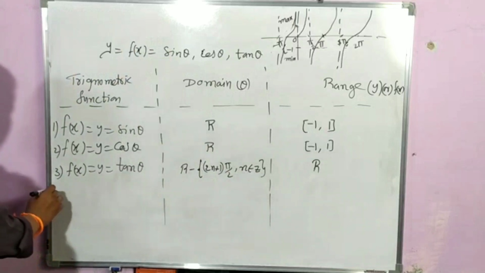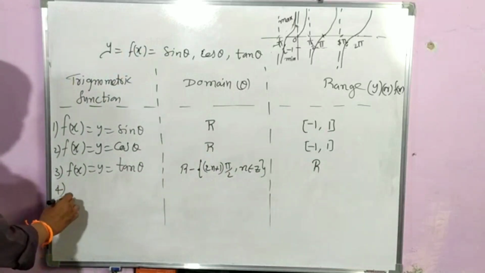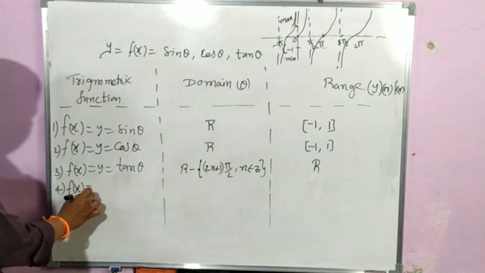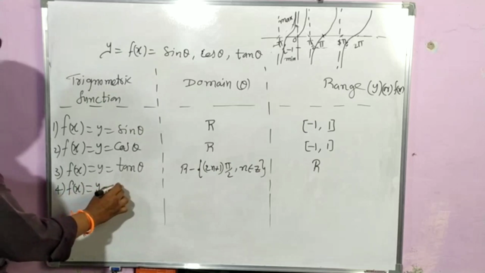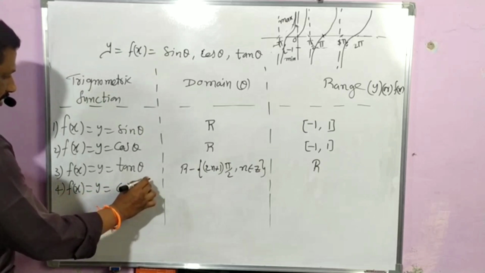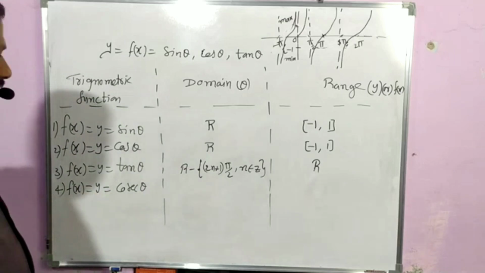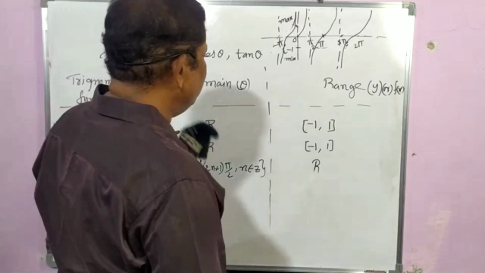Next, the fourth one, f(x) = y = cosecant θ.